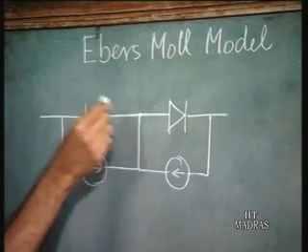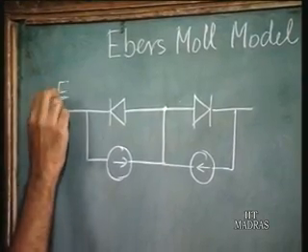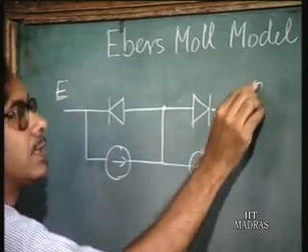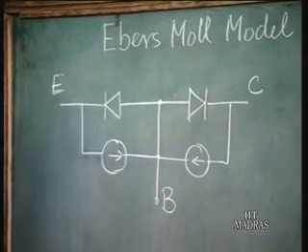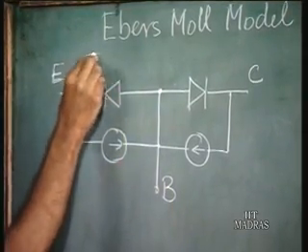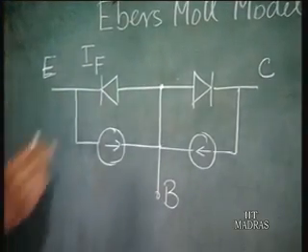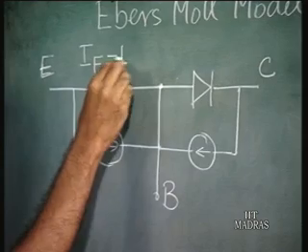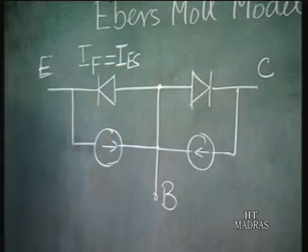So, this is the emitter terminal, say, this is the collector terminal, and this is the base terminal. If we call this current IF, which is the forward current, it is given by IES, which is the same diode relation which we are writing down now.